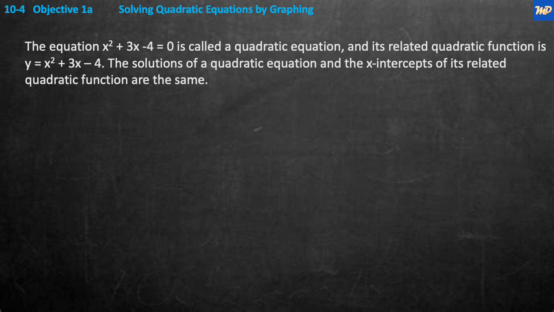The solutions of the quadratic equation and the x-intercepts of its related quadratic function are the same. So no matter how you graph this, if you're graphing y equals x squared plus 3x minus 4, the x-intercepts you'll find will be the same whether you use the quadratic equation or the quadratic function.